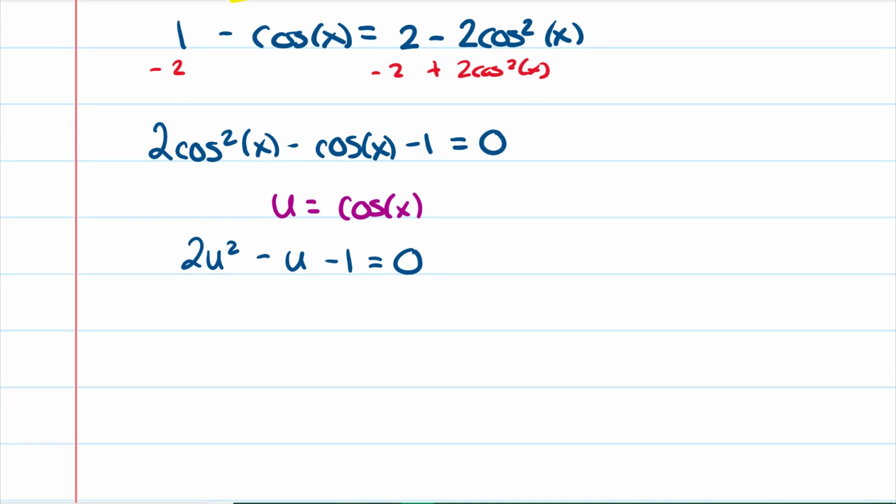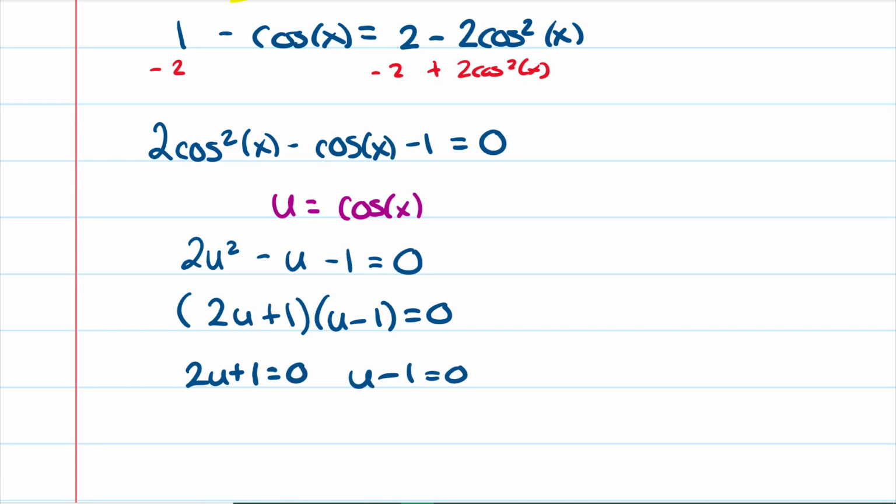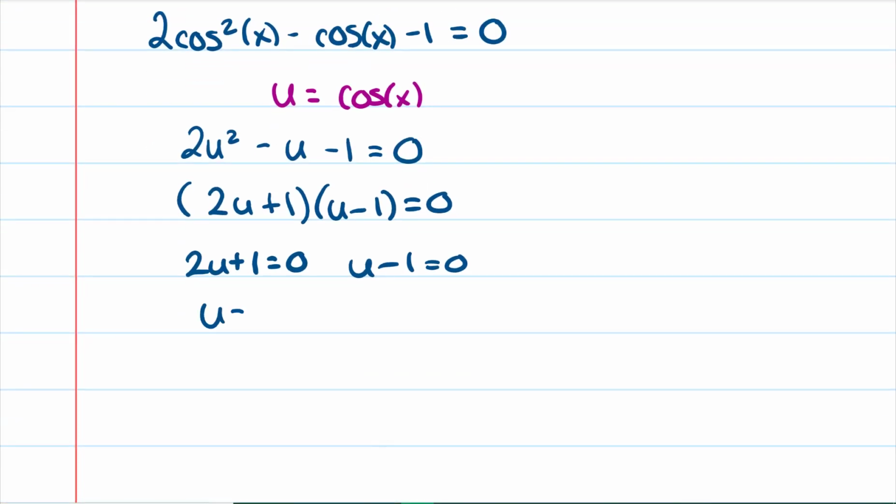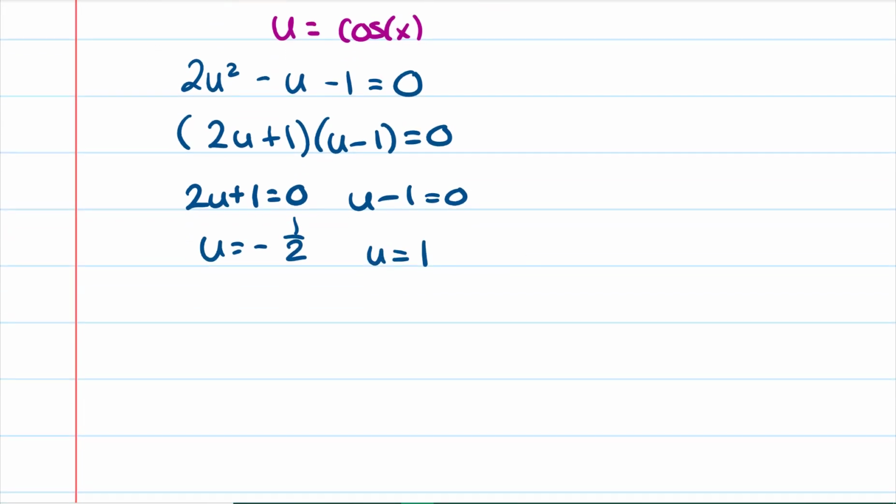Now this becomes much easier to factor, and I get 2u plus 1 times u minus 1 is equal to 0. So when I set both of these equal to 0, I'm going to get u is equal to negative 1/2 and u is equal to 1. Now I have to put the cosine back in for u.